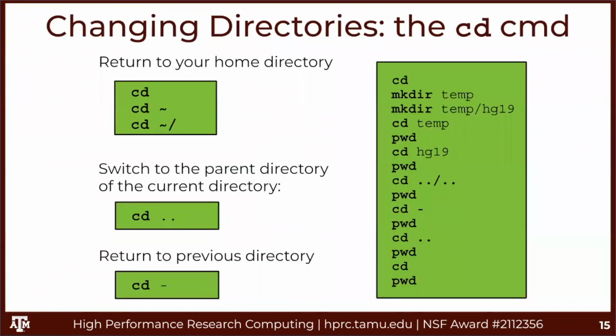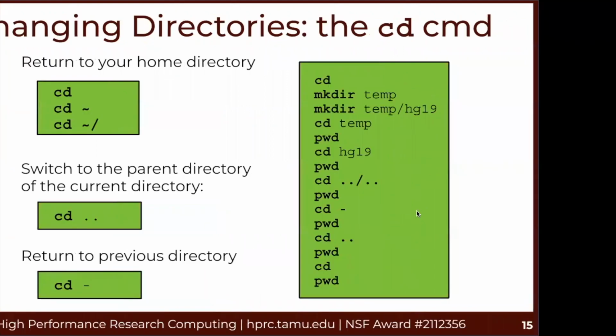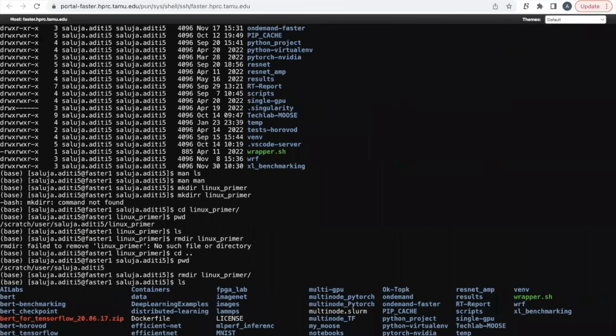Let's do a simple exercise and see what we have learned until now and practice the cd command and the other make directory commands that we have. Let's make the temp directory and follow this path over here. So we have mkdir temp.